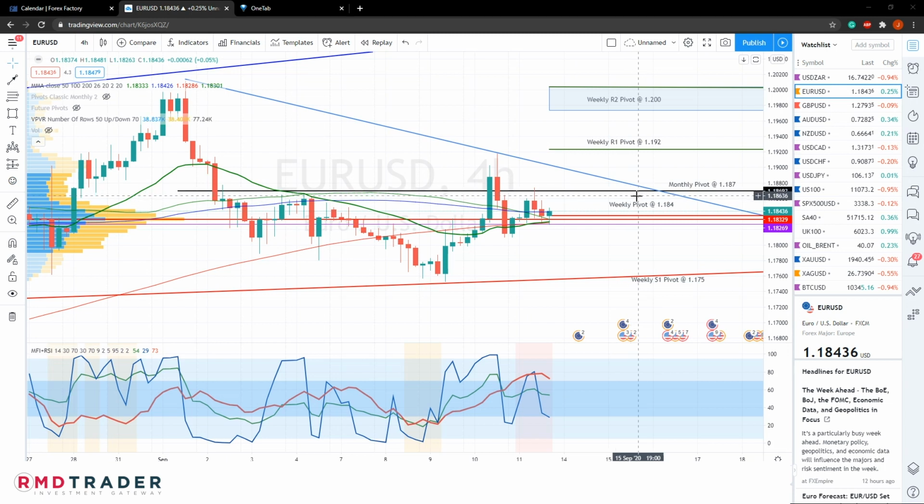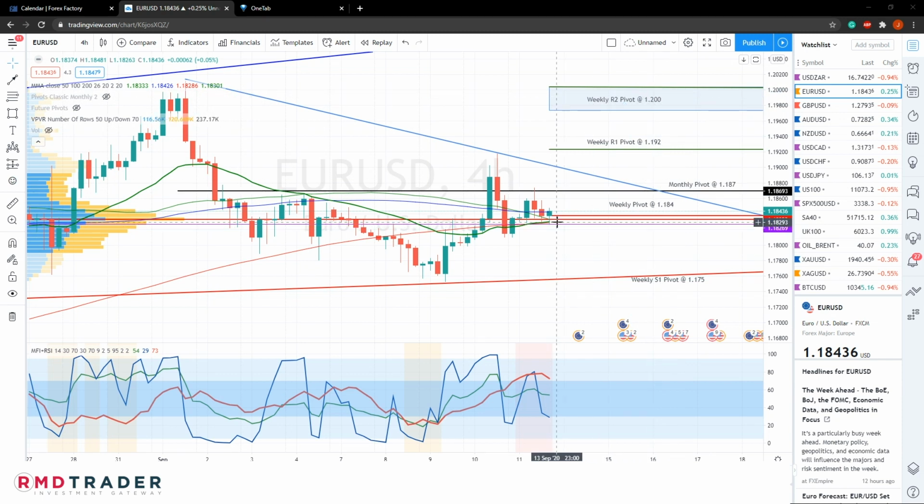If we do manage to see a break above this diagonal or any bullish price action above this monthly pivot, it's likely that we'll see our weekly R1 pivot being tested at 1.192, followed by our weekly R2 pivot at 1.2, and that will then of course be our second bullish target.